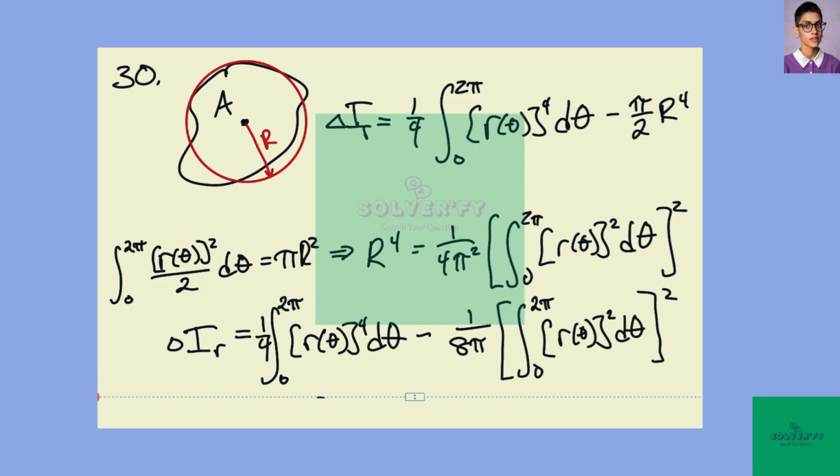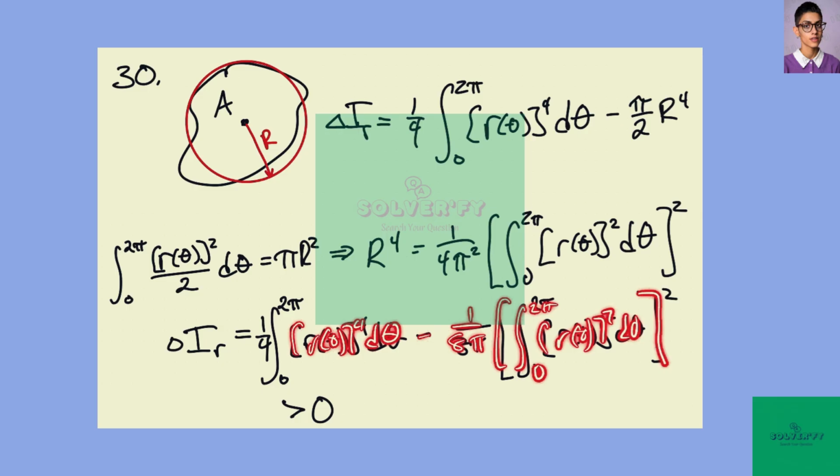But what we can do is use this in here, and what we get is 1/4 the integral from 0 to 2 pi of r of theta to the 4th power d theta minus 1 over 8 pi times the integral from 0 to 2 pi of r of theta squared d theta, squared.